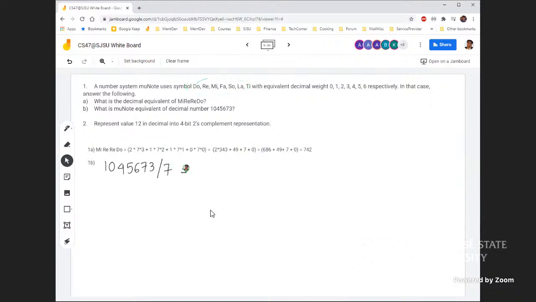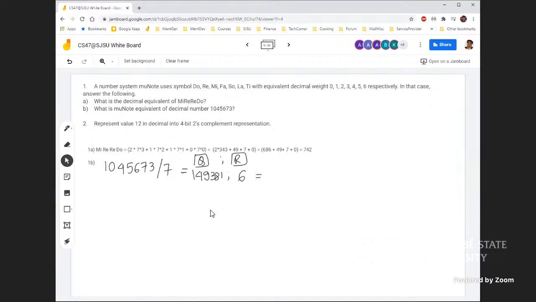What we do is compute the quotient and remainder for this division. If we calculate this correctly, the quotient will become 149381, and the remainder would be 6. Now 6 is equivalent to T.